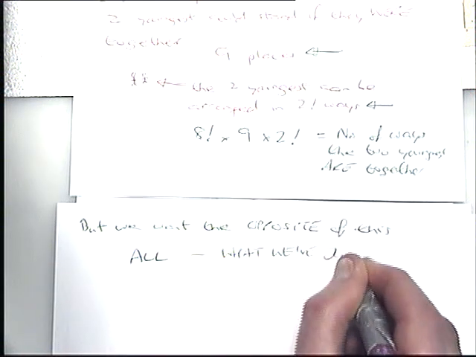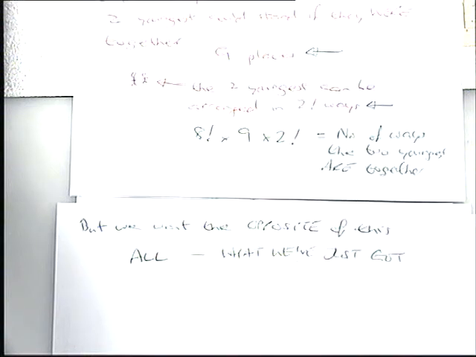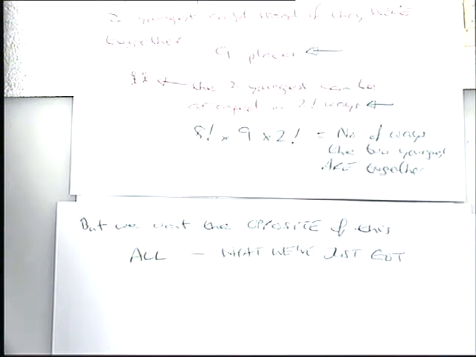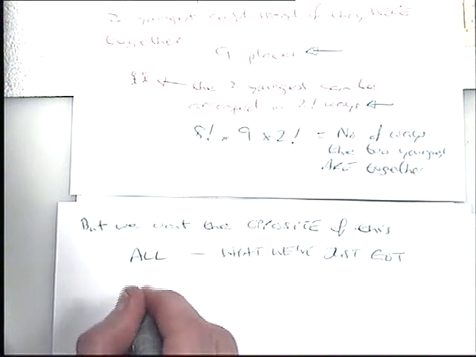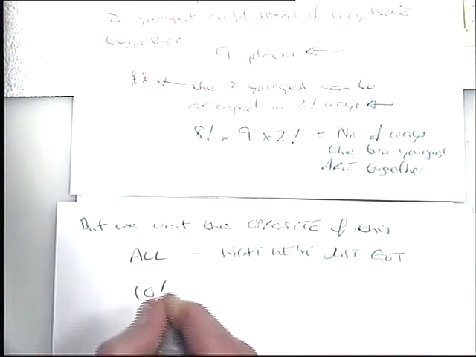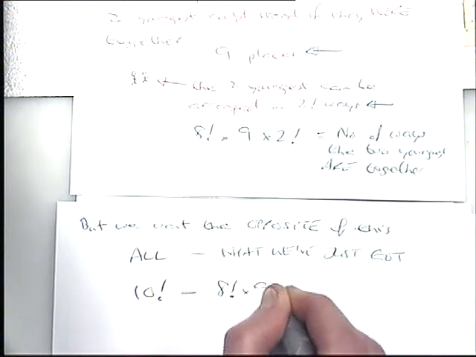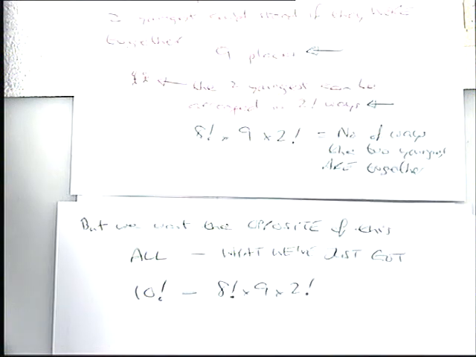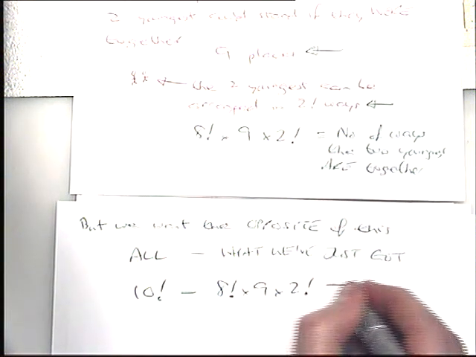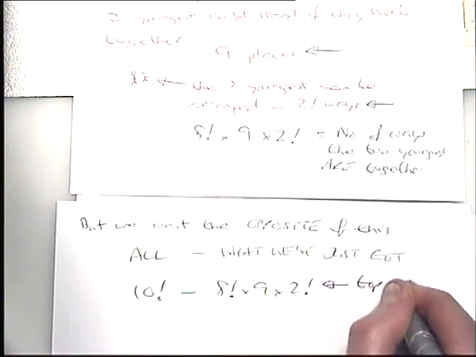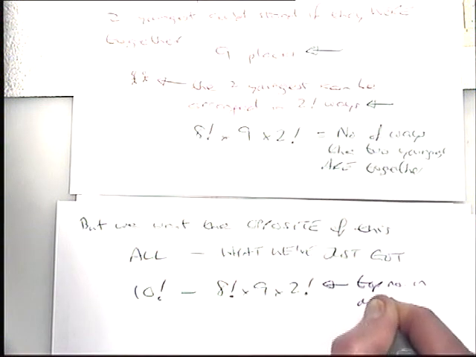If that makes sense. So the number of ways they are not going to be together is the 10 factorial we had earlier on, if there were no restrictions at all, take away the number if they are together. So whatever that is becomes the top number in our fraction.